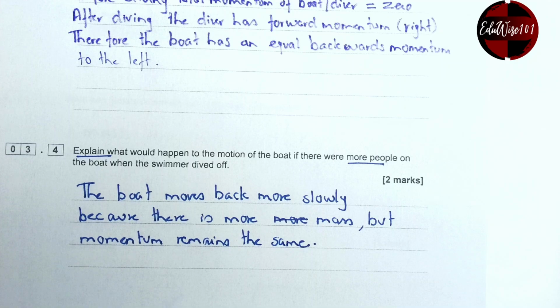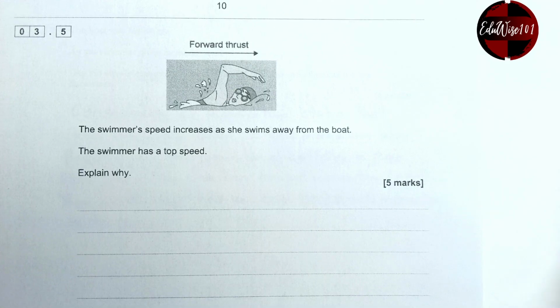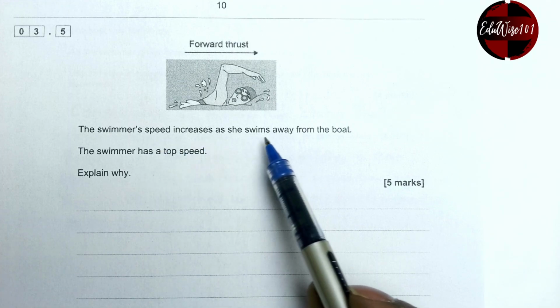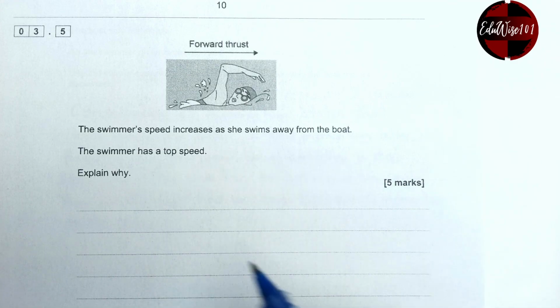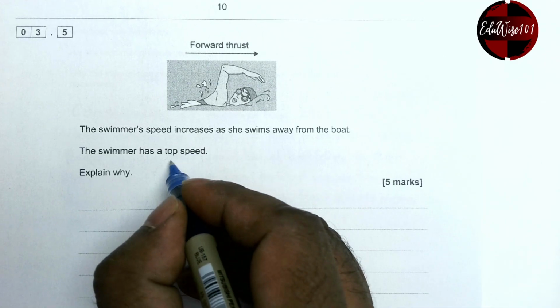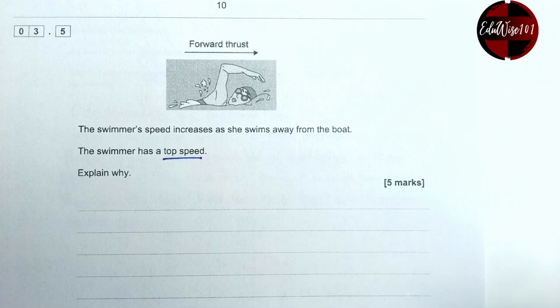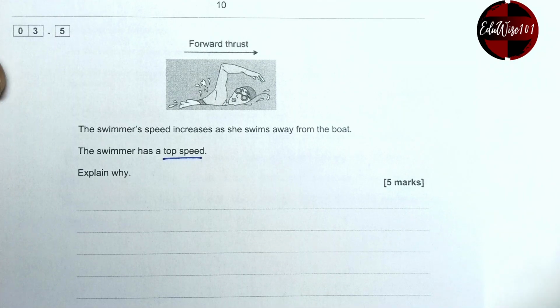Next question. Question 3.5. The swimmer's speed increases as she swims away from the boat. The swimmer has a top speed. Explain why. Top speed basically means the maximum speed. It's very similar to an object falling through air, like terminal velocity.